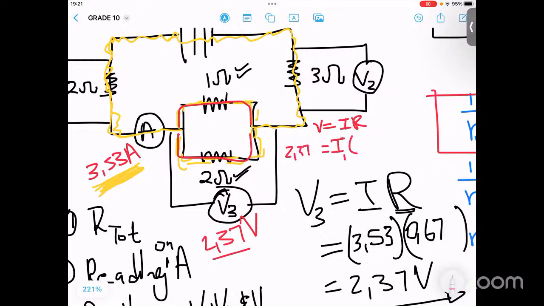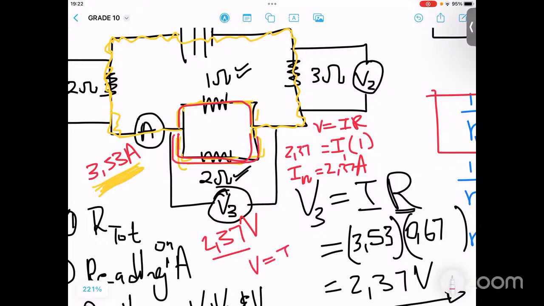You now want to know the I that is passing through that 1 ohm resistor. So that means here, in terms of the R, that's when you substitute that 1. Then you divide both sides by 1. Trust me, the current through the 1 ohm resistor will therefore be equal to 2.37 amperes. Then, if you want to know the one that is passing through this side, you still use that same formula which says V = IR.